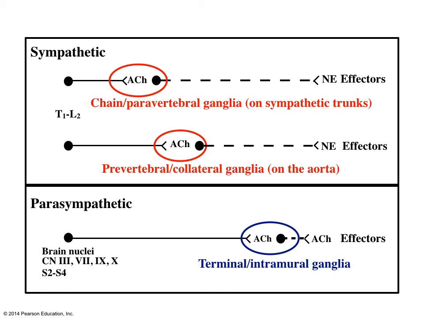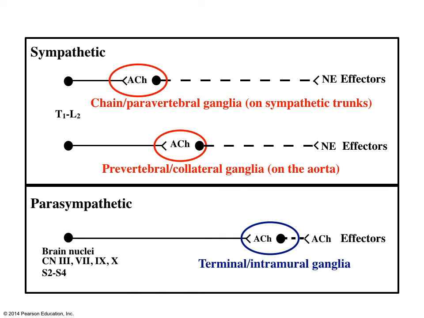The postganglionic cell bodies are located either within the what? Chain or paravertebral ganglia within the sympathetic trunks, or ganglia located upon the aorta. As a group, those are referred to as prevertebral.